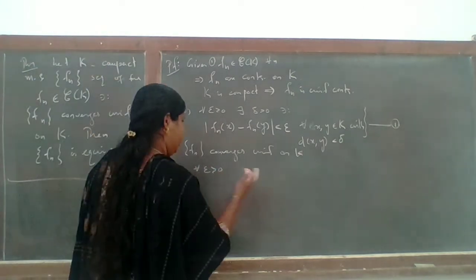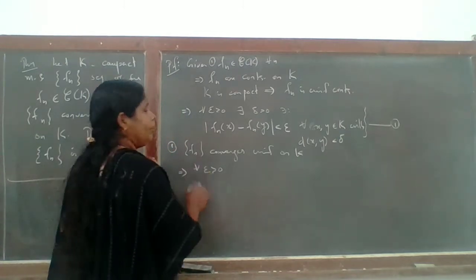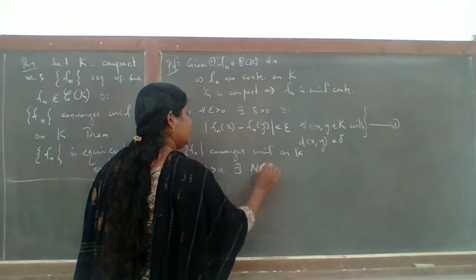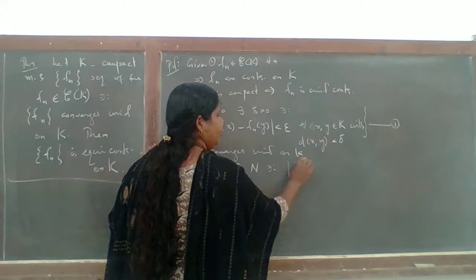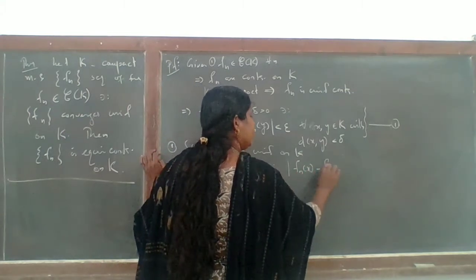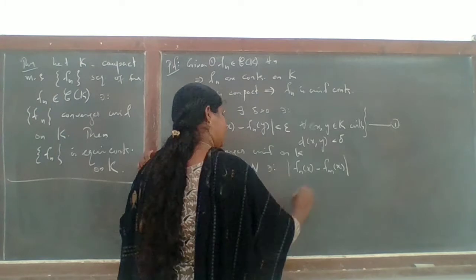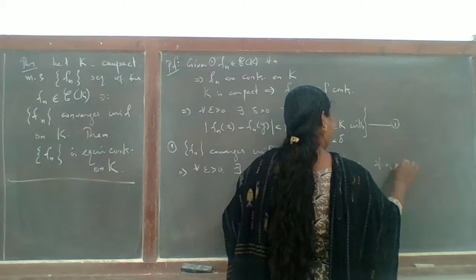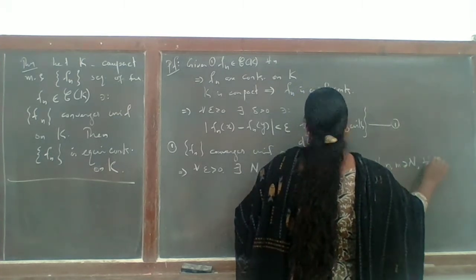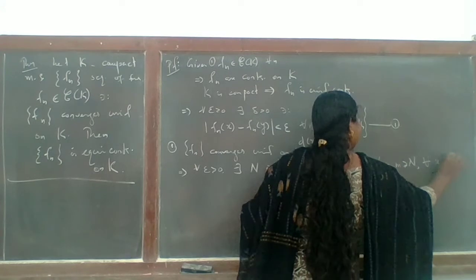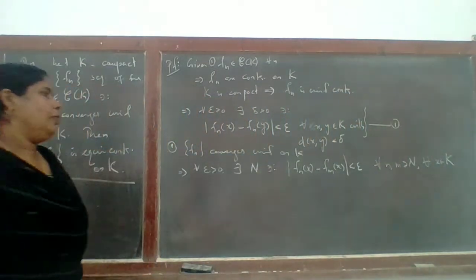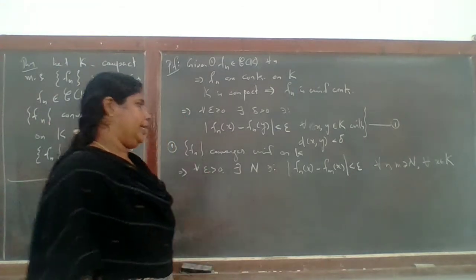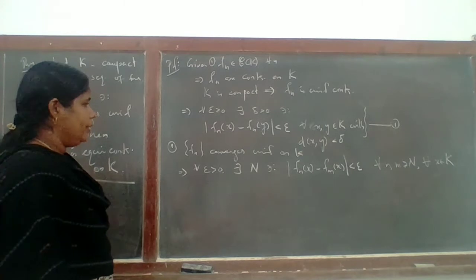So we come to the definition: for every epsilon positive, there exists an N such that modulus of Fn x minus Fm x is less than epsilon. This is true for all n, m greater than or equal to N and for all x in K, because of uniform convergence. For all epsilon positive, we can find some N satisfying this.